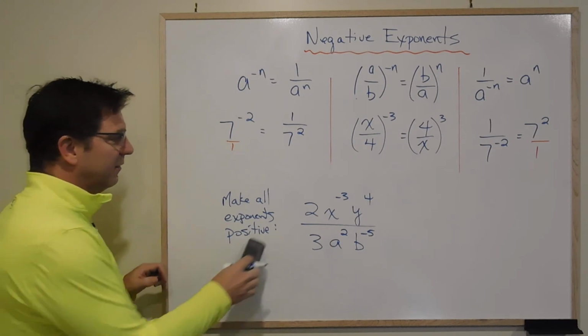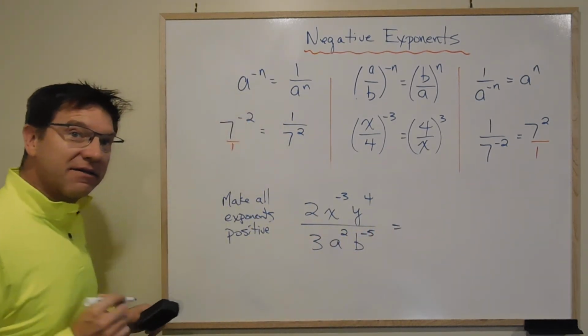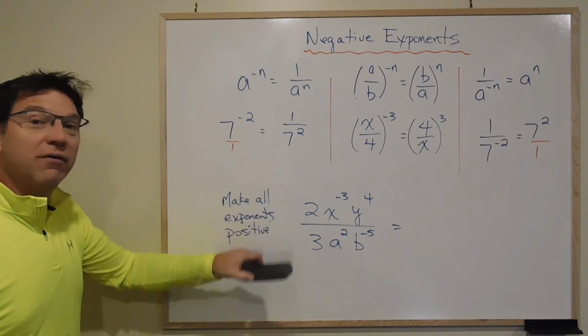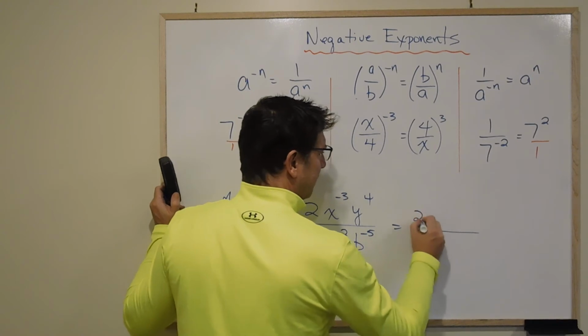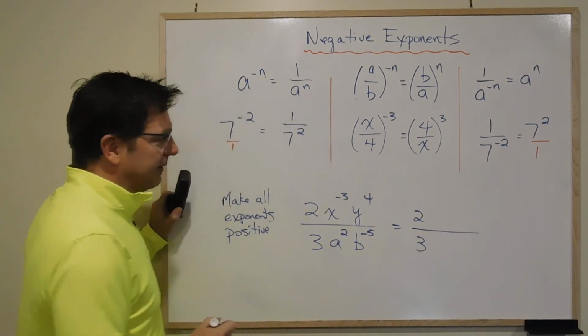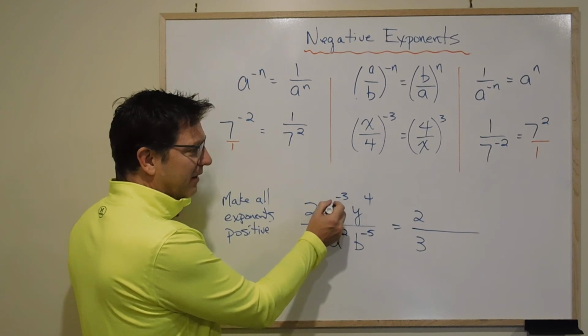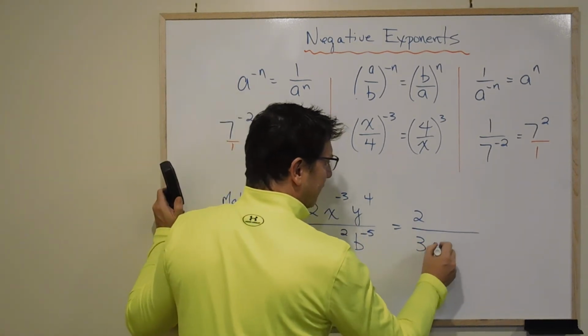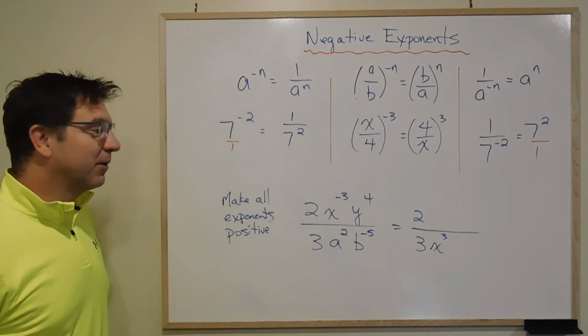So what I need to do is say, hold on, wherever I see negative exponents, I need to move them. So here, the 2 is a 2 and the 3 is a 3. But I see there's a negative exponent in the numerator, and to get that positive, I would have to move this x down here into the denominator to make the exponent positive.